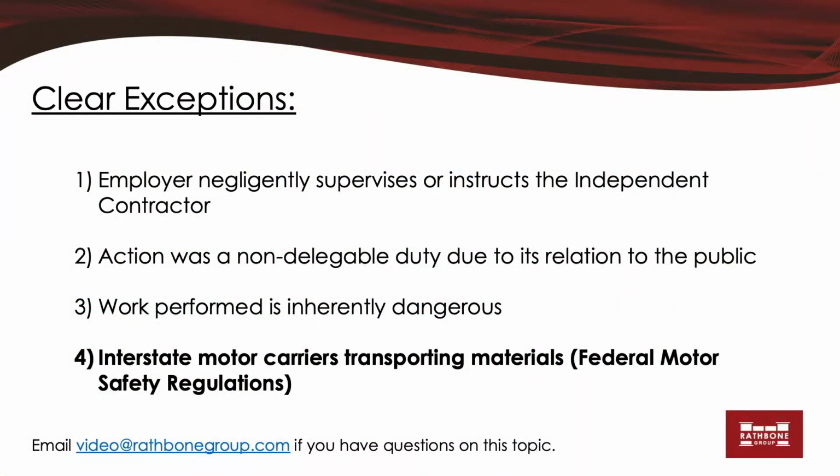And also, whenever materials are being transported through interstate motor carriers, there is a Federal Motor Safety Regulations Act that governs those actions as well, and those can hold the employer liable as well.